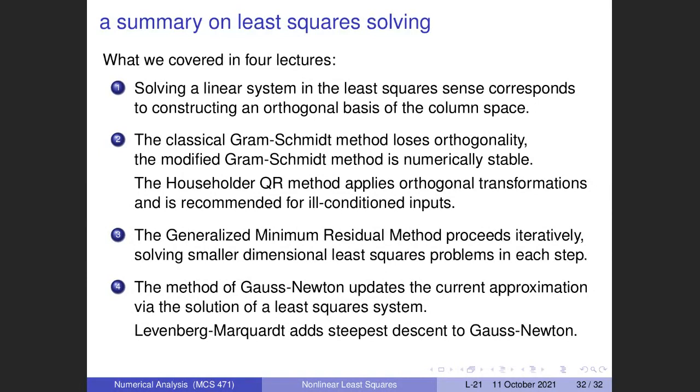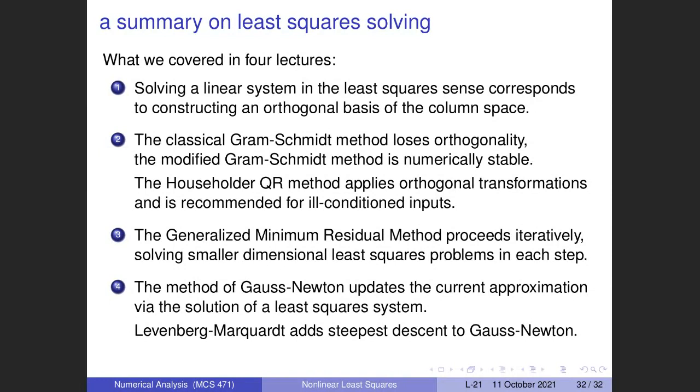The Householder QR is unconditionally numerically stable. It's the method that is applied when your matrix may have linearly independent or close to linearly independent columns.